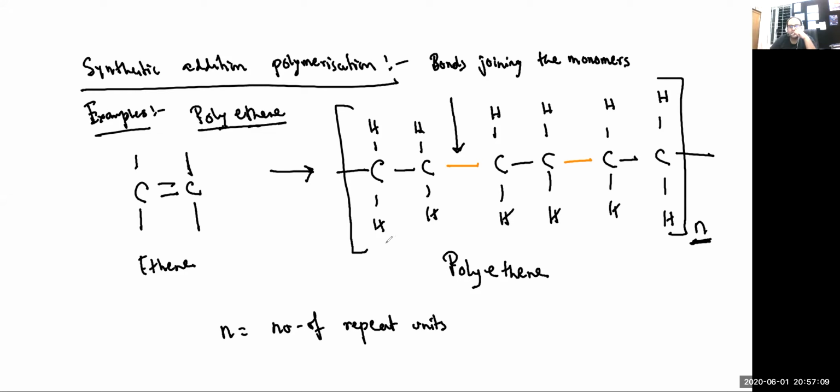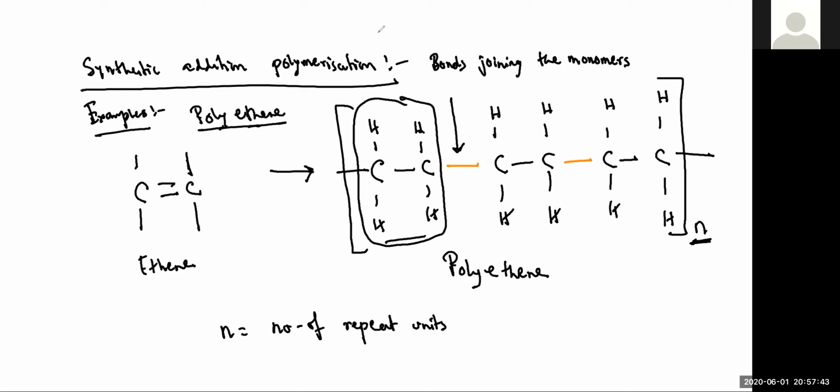Yes, this 1 unit is 1 monomer, and in this polymer you have 3 monomers joined together. Any questions? Sorry, is n 3 in polyethylene?